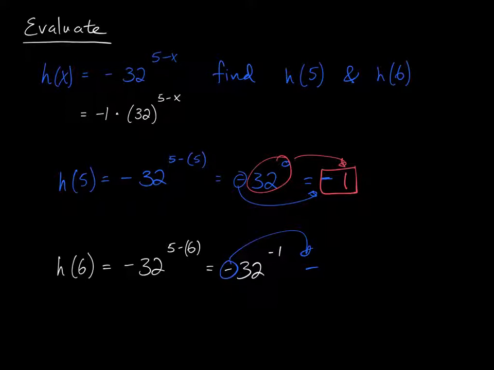The leading negative is still there. What this -1 exponent tells you to do is to move this base with this exponent to the opposite side of the fraction and make the exponent positive. And we have to have something on top, and it will be 1. So the answer here is -1/32 to the first power.